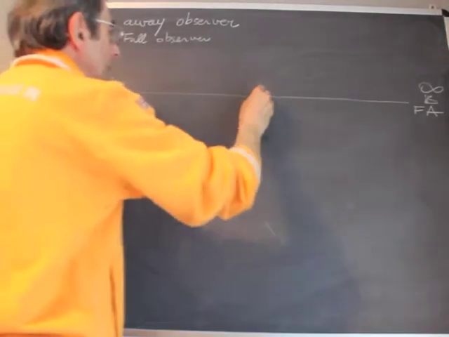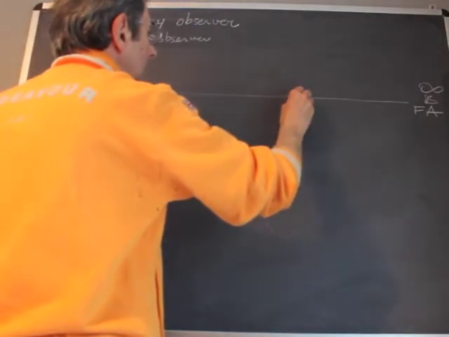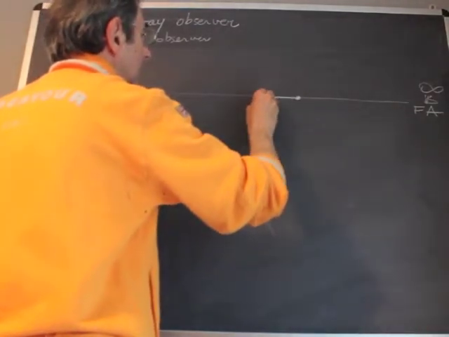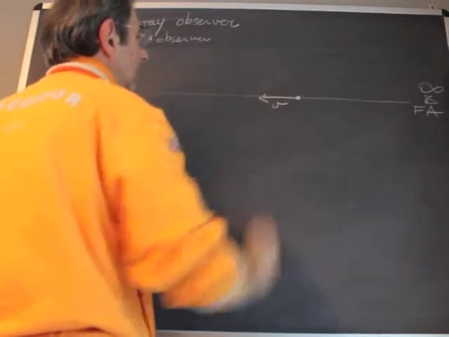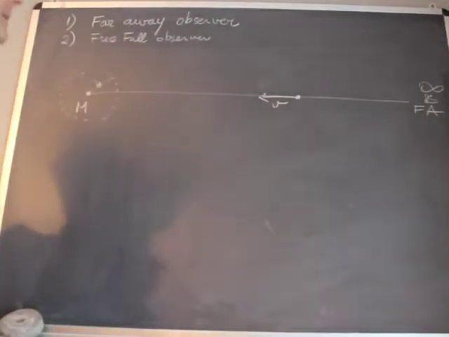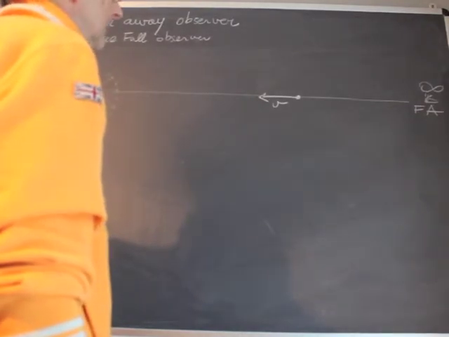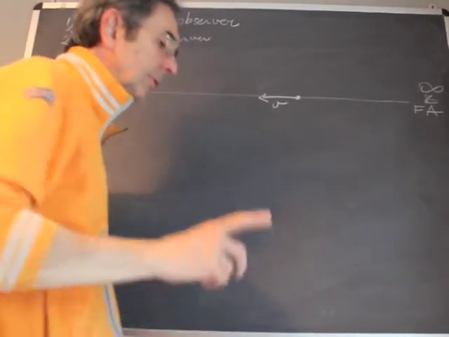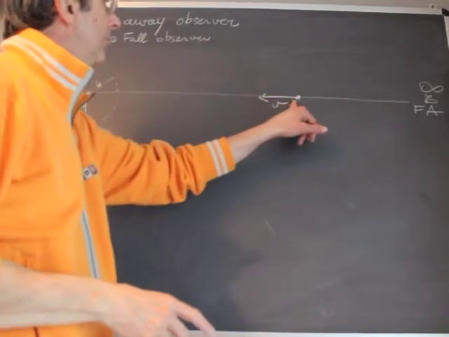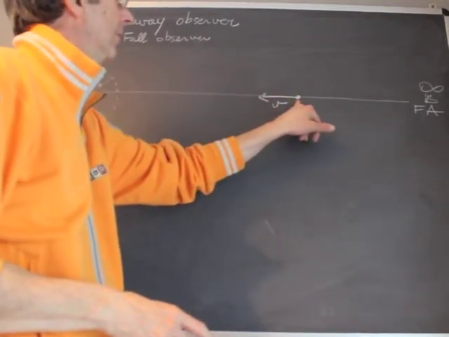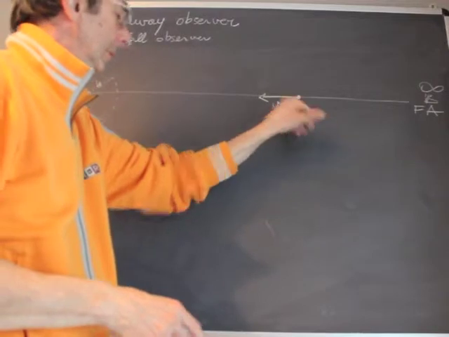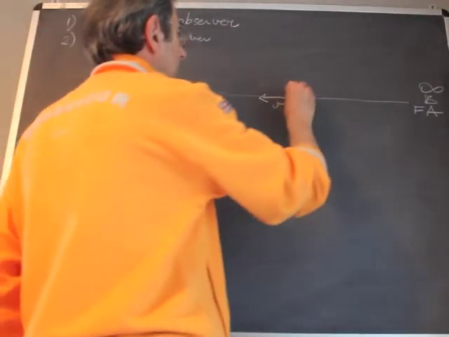Okay, and in this case we have a body, suppose here, falling down with a certain velocity, and the idea is just for simplicity to consider a freely falling observer on board of this object.